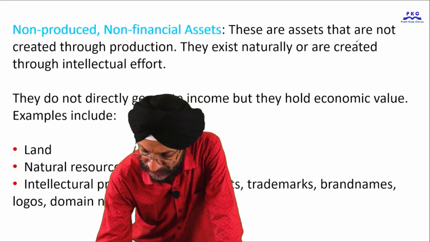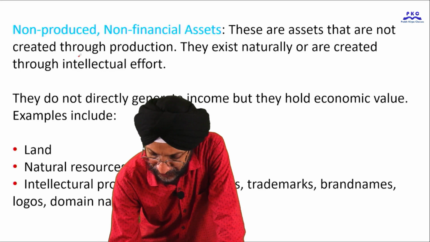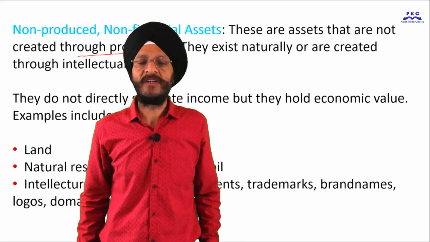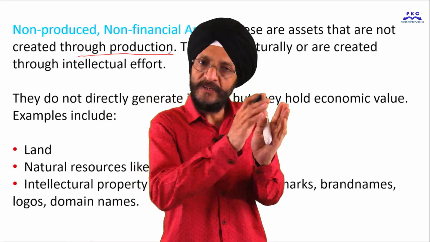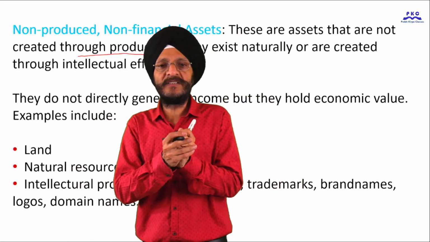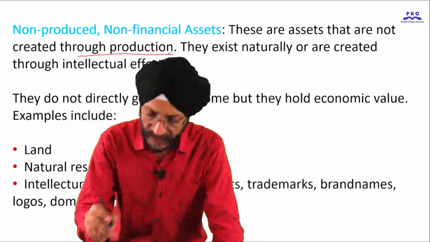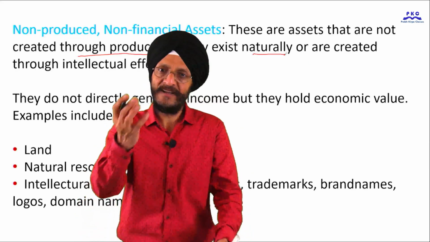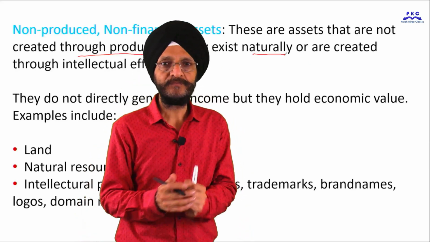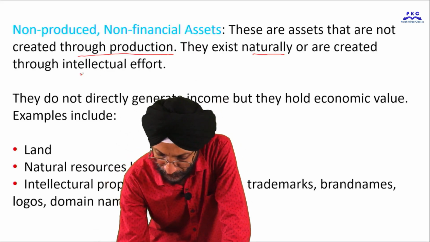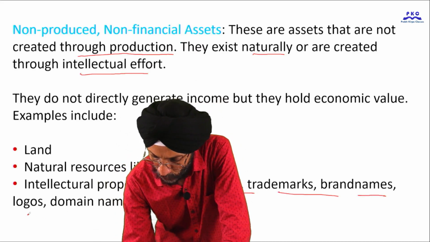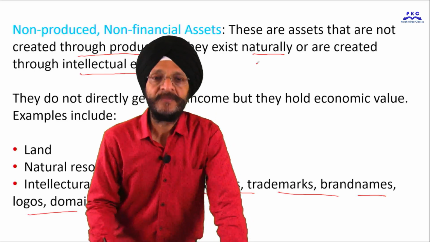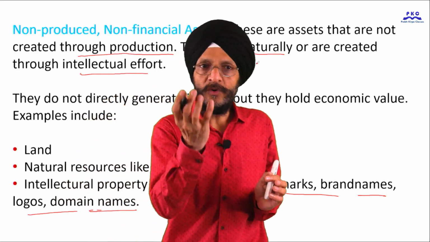Non-produced non-financial assets are not created through production. These assets which are recorded in capital account are those assets which are not produced. They exist naturally. Land exists naturally. Intellectual properties such as patents, trademarks, brand names, logos are created through intellectual effort.